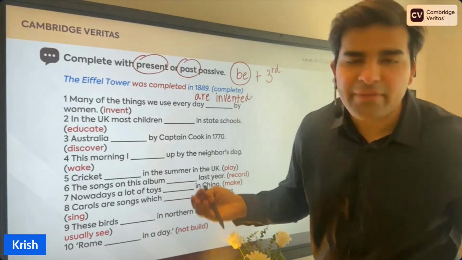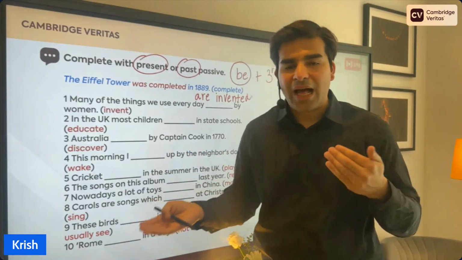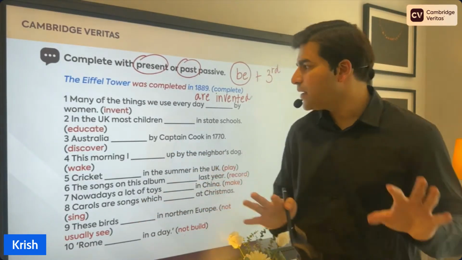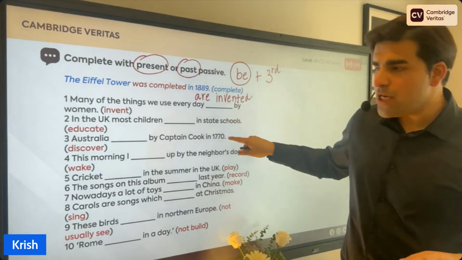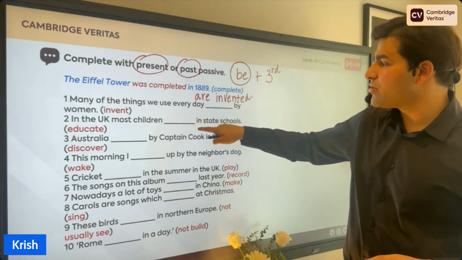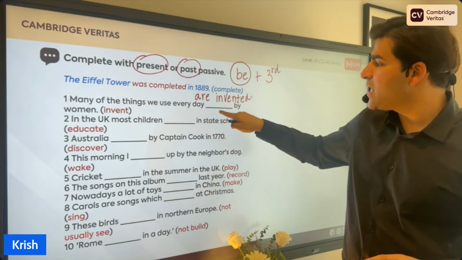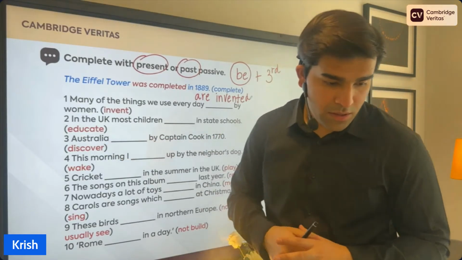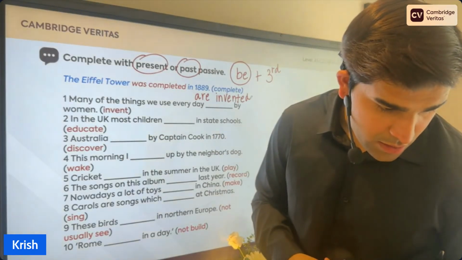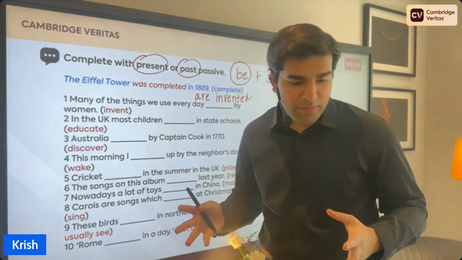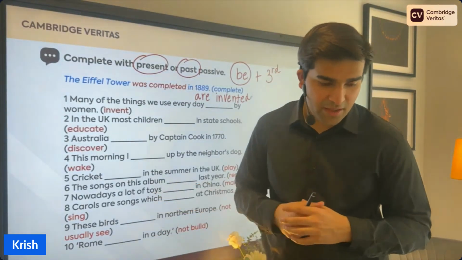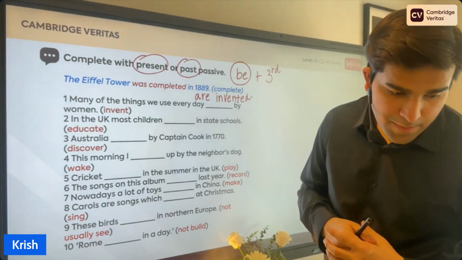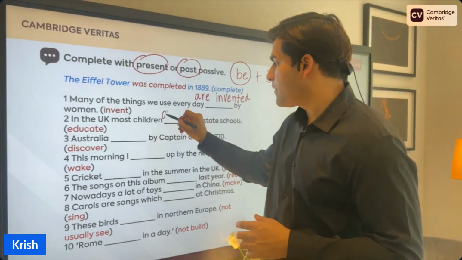Number two, superb. Or were invented for that matter. That's fine. Are and were doesn't really make a difference here. In the UK, most children dash in state schools. It doesn't really make a difference, so are and were, it's fine. Number two, are educated.